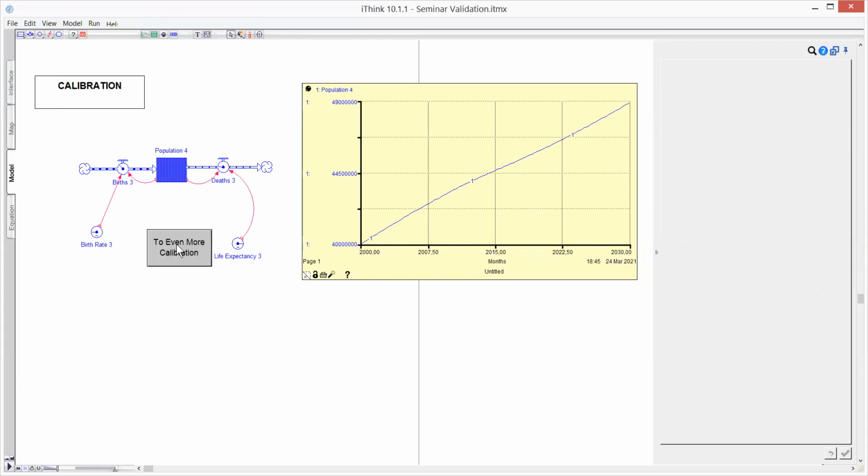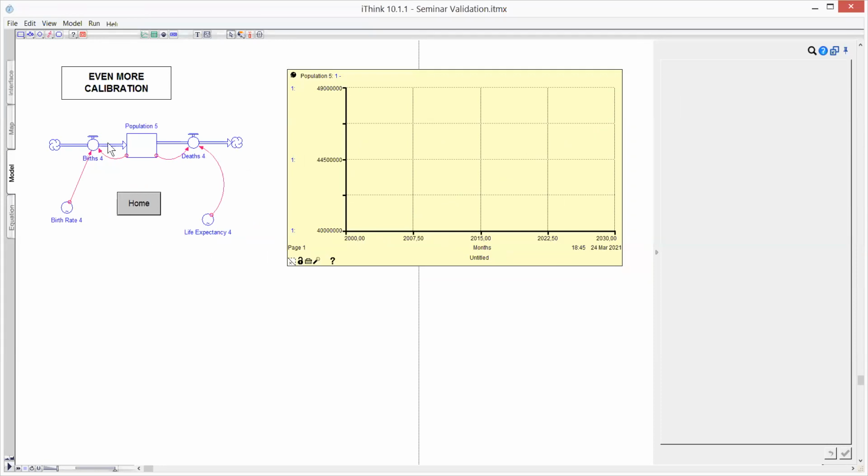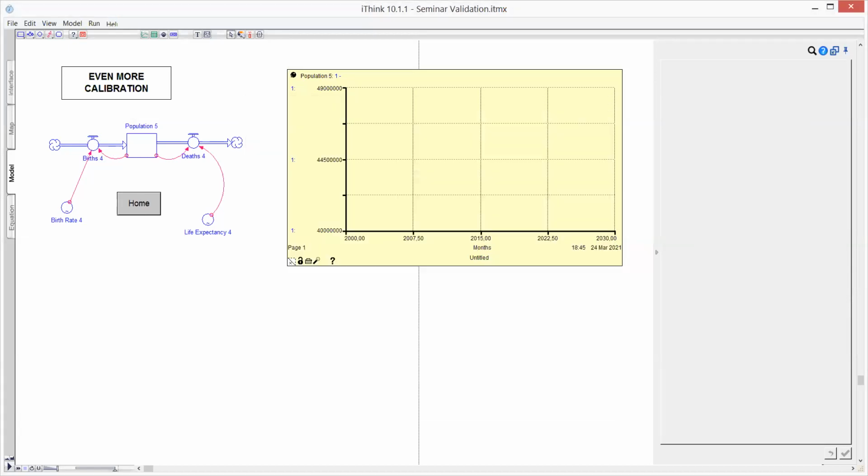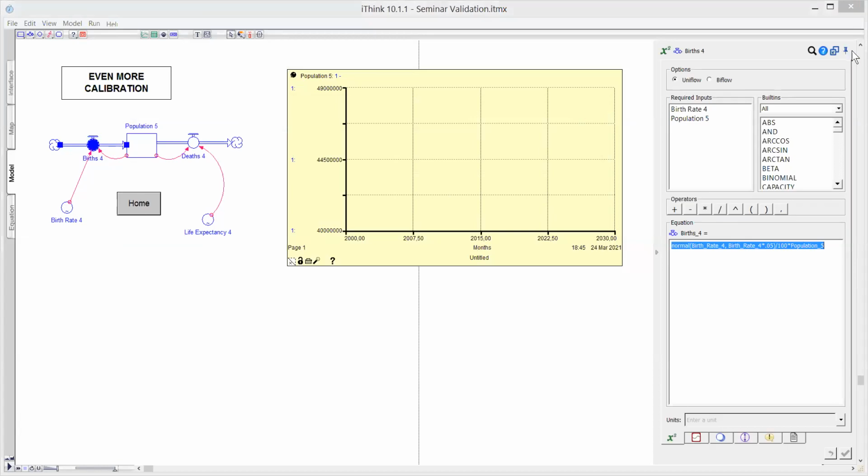If I go to even more calibration, I've done a little cheat here, which will show you what happens when I run this. I'm just going to switch that sensitivity run on. It won't affect these parameters here. So I just need to check something. Okay, this is fine.